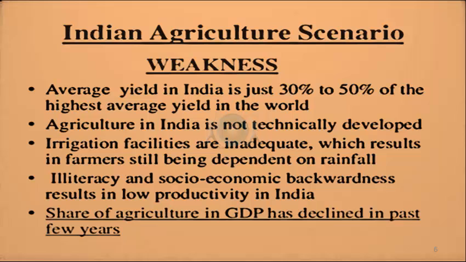Irrigation facilities are inadequate, and this results in farmers still being dependent on the monsoon rainfall. Illiteracy and socio-economic backwardness are the reasons for this low productivity in India. The share of agriculture in GDP has been declining in the past few years, and it is the service sector and the industry sector which are progressing.